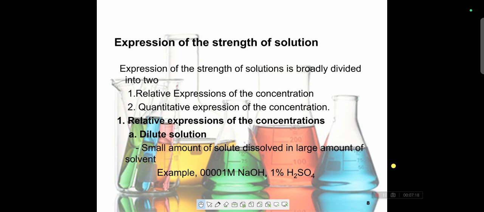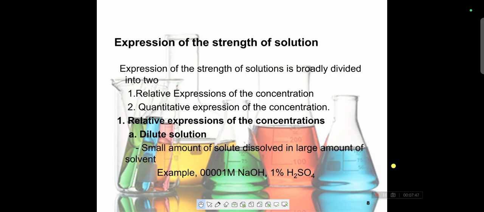The strength of a solution is defined as the amount of solute present in the amount of solution. It is generally expressed as the amount of solute in grams present in 1 liter of the solution. So to express it, there are two methods: first is the relative expression of the concentration and second is the quantitative expression of the concentration.